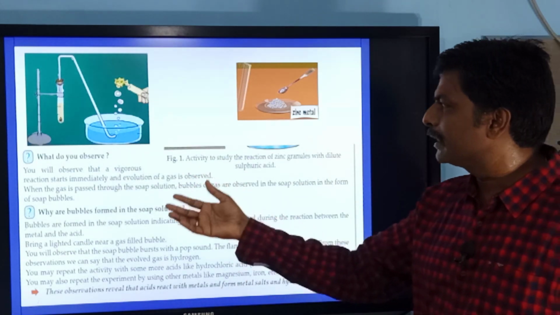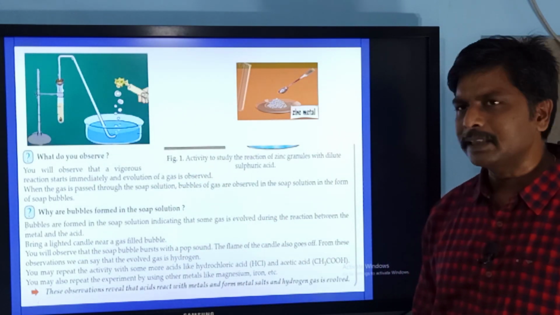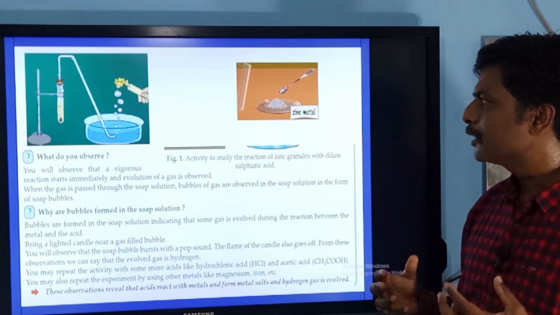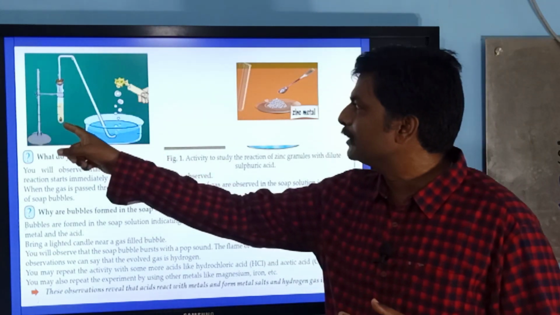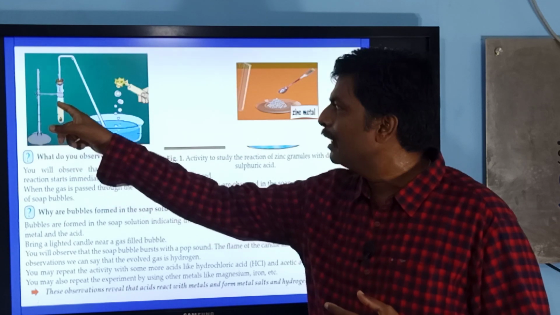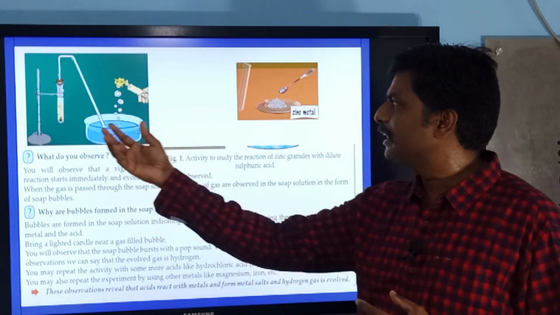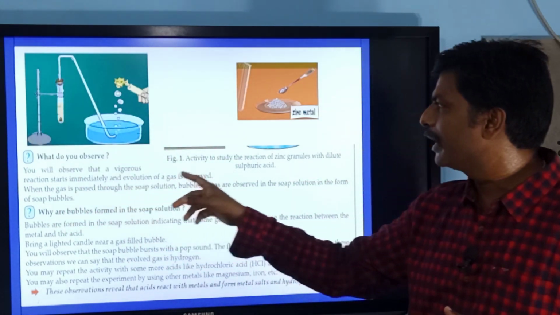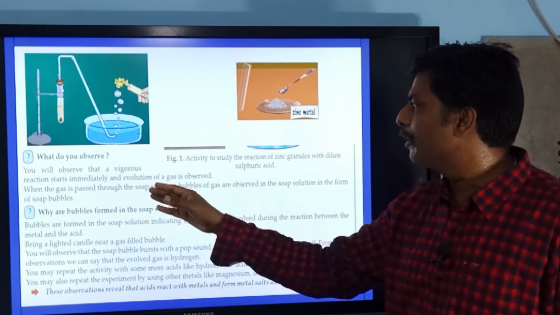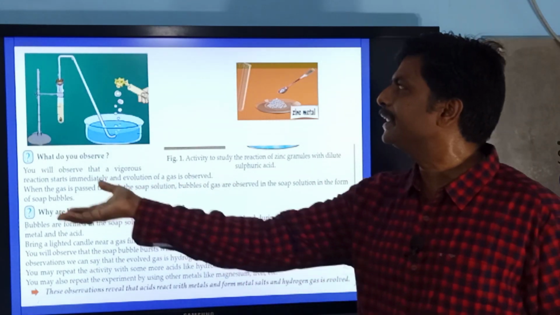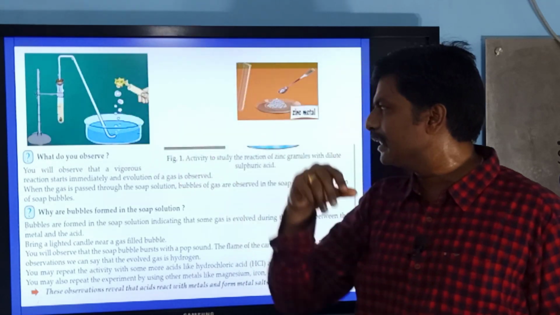So you will observe that a vigorous reaction starts immediately between zinc metal and hydrochloric acid, and evolution of gas is observed. Which gas is evolved? Hydrogen gas is evolved.